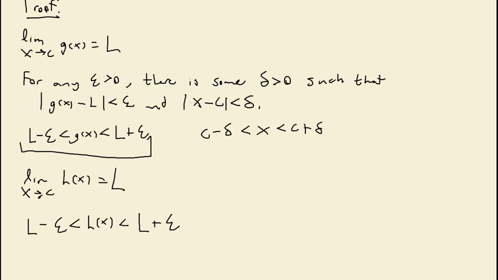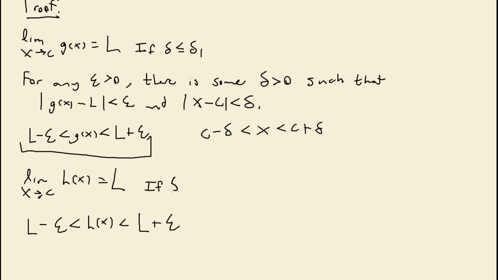And I do want to point out that the delta values that will satisfy this limit for g of x might differ from those that satisfy the limit for h of x. Those two delta values might differ. So here I'm just going to add the condition that if delta is less than or equal to delta 1, this will be true.